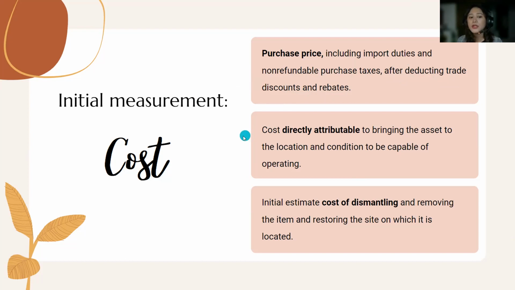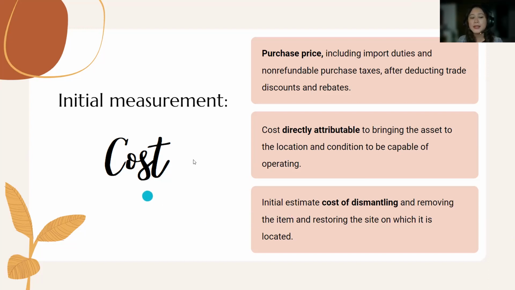Second, we also need to consider sa cost ang ating directly attributable cost. Itong mga directly attributable cost, ito yung mga cost na ginagamit mo para ma-bring yung asset sa kanyang location and condition para mag-operate. So let's say, may mga certain kang ginastos para maging operational ang isang equipment. That will be treated as directly attributable cost.